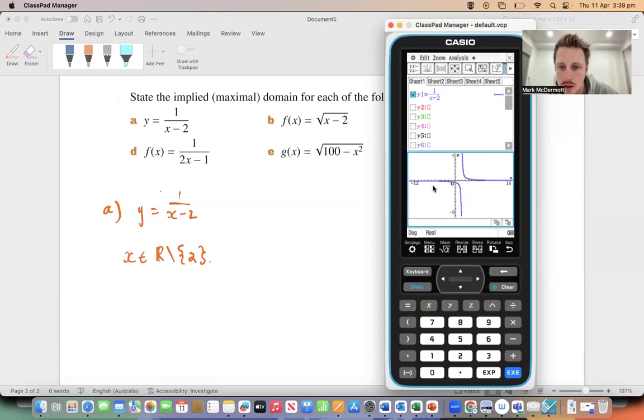There we go. We can see that x can be anything except 2. You can see that there's a vertical asymptote there. So that's the implied domain.